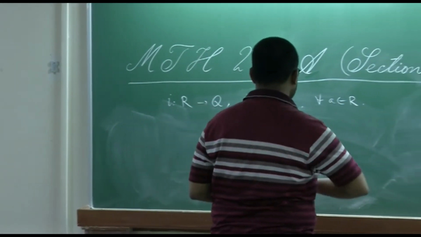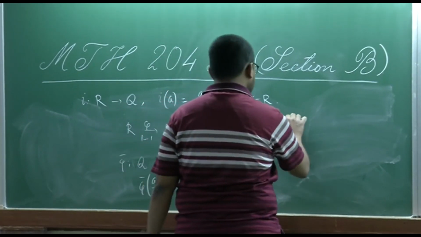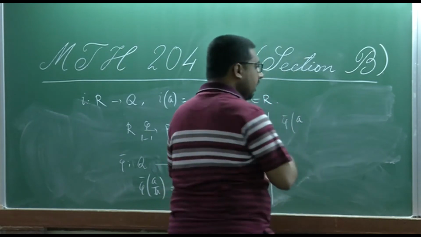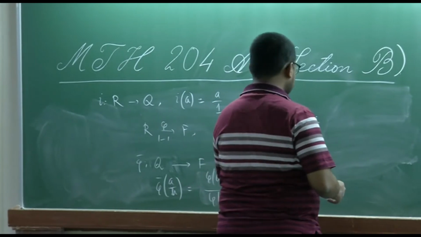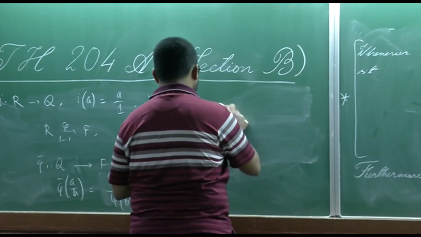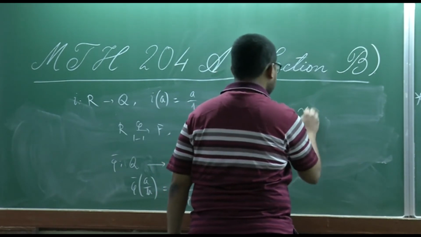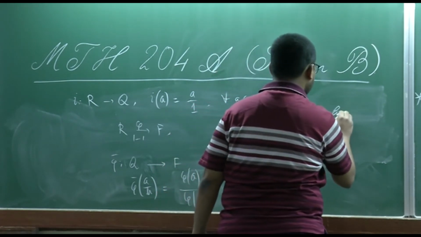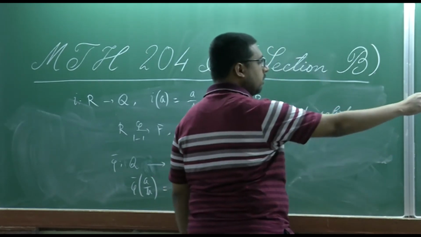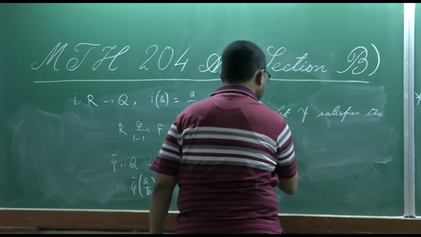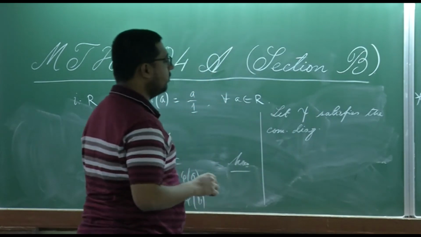That is quite obvious, and in fact I was doing it a few minutes back. If phi bar satisfies this commutative diagram, then, let me use a different notation, let psi satisfy this commutative diagram.